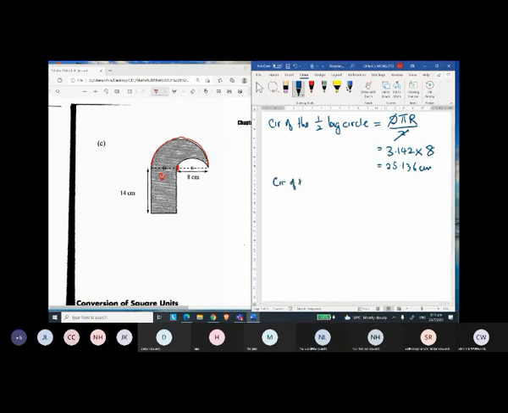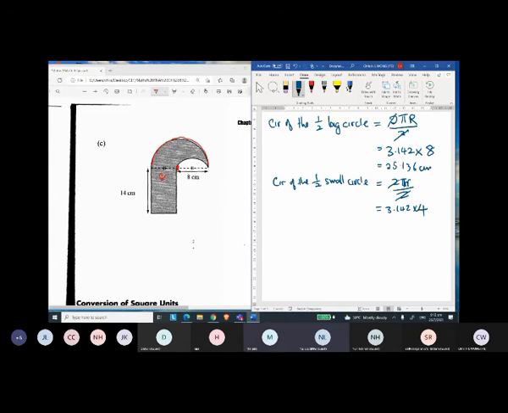It's the same, 2 pi r divided by 2 also, right? You cancel the 2, it gives you 3.142 times what is r? 4. Very good. 4, not 8.